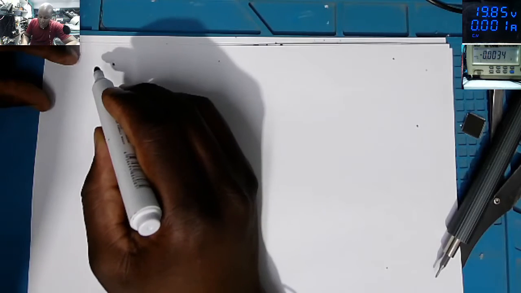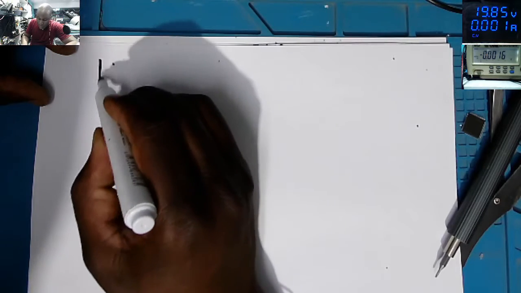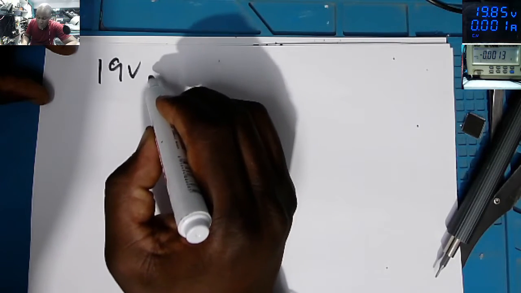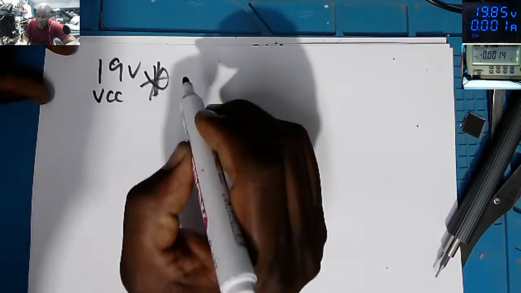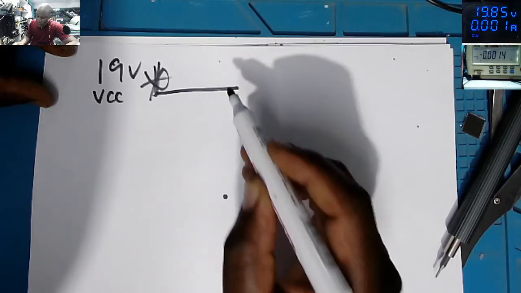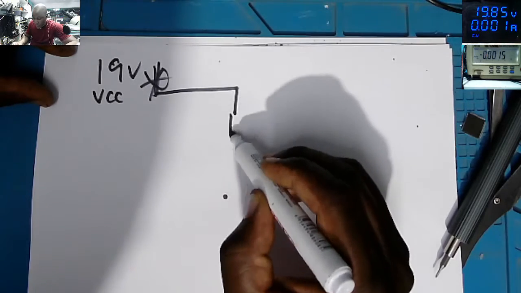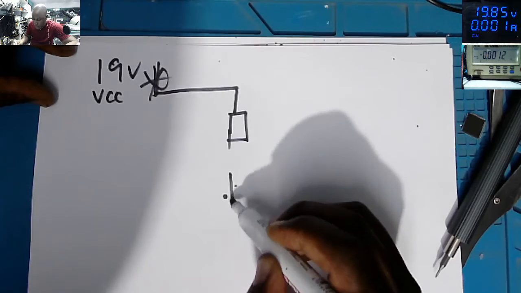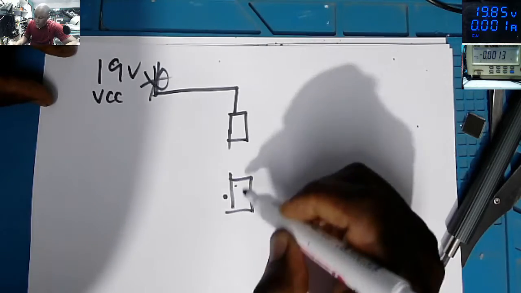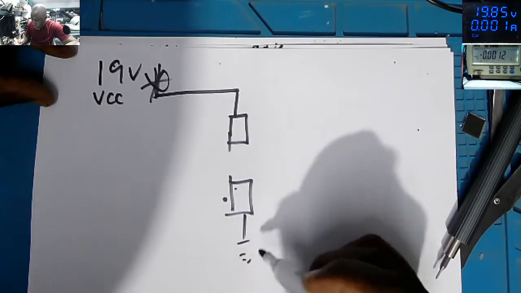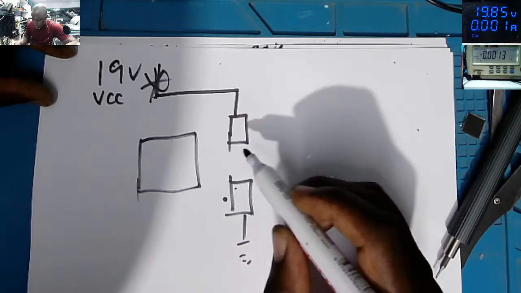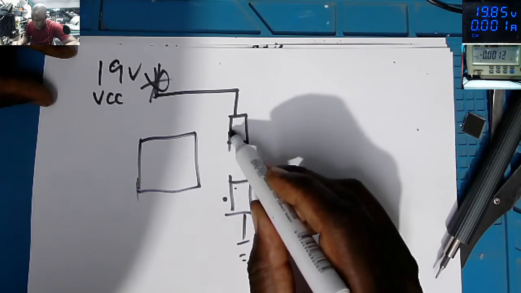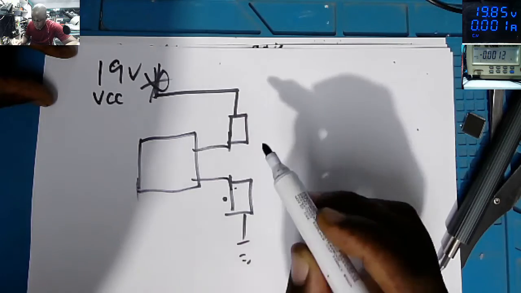We have the VCC here, 19 volts, VCC point here. From here we have a power supply with 2 MOSFETs, the high side and the low side, which is connected to ground. We do have the driver. The gates are going here.